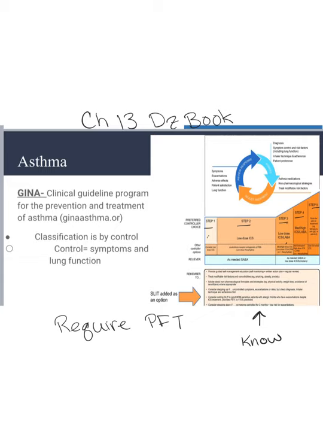Before I forget, if we see a patient in the hospital and it's their first exacerbation and they've never had symptoms like this, you should refer them to a primary care physician or a pulmonologist because they have to have that PFT. Remember, we cannot diagnose them. And sometimes you have to be very careful what you say to patients because they may hear one key word and take it out of context.